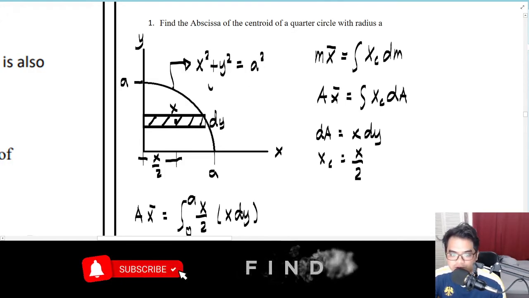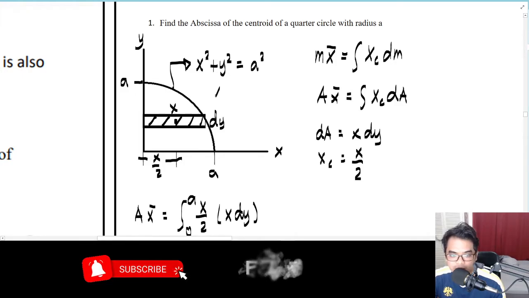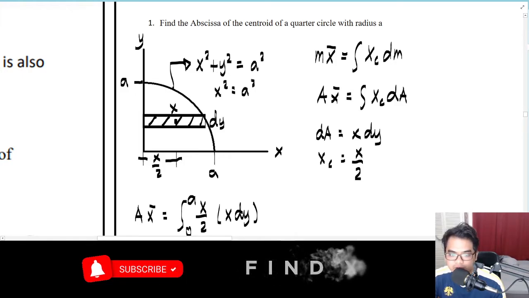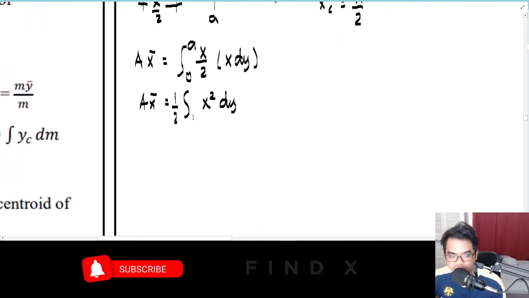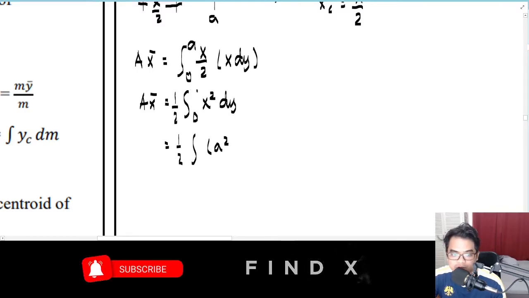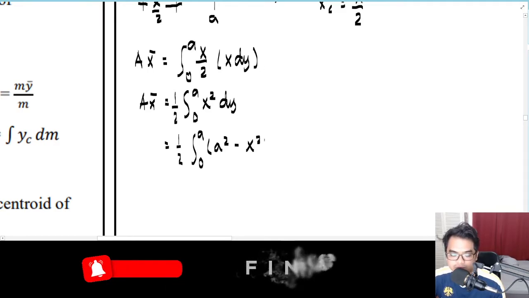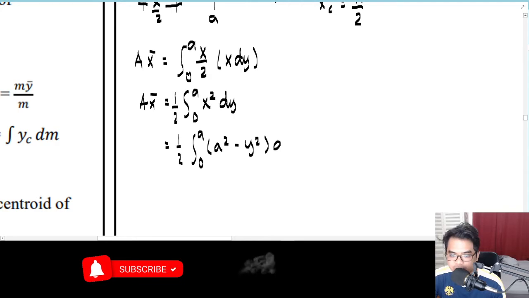Therefore, x squared here is simply equal to a squared minus y squared. Now we can substitute that equation to here. Replacing the x squared, you'll have 1/2 integral from 0 to a of a squared minus y squared dy.